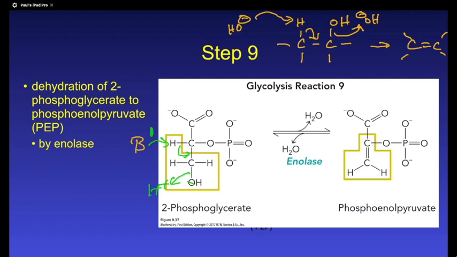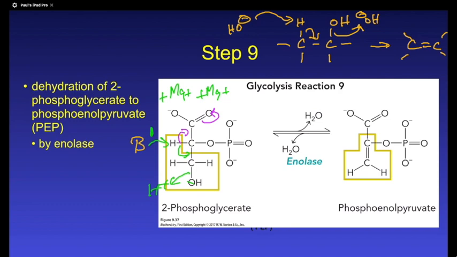This enzyme particularly has metals that sit up here, and I believe they're magnesiums, so 2 plus magnesiums. Okay? And so there's an intermediate step where I get the negative charge on that oxygen.